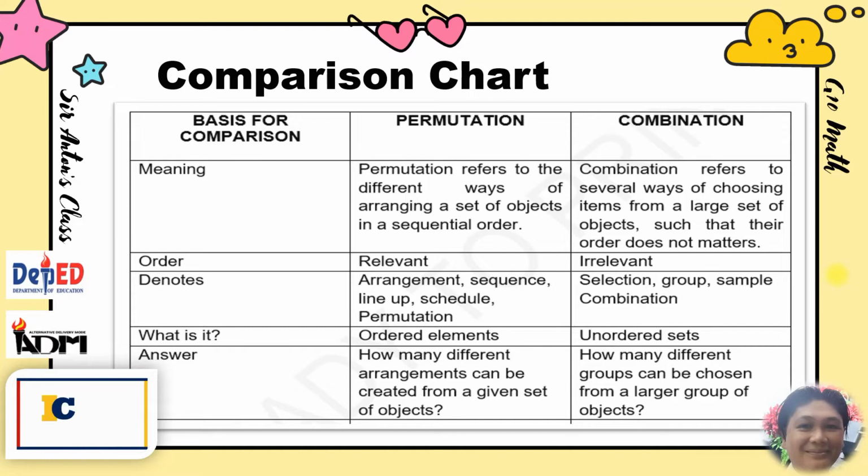Now for the answer. The question for permutation has this example: how many different arrangements can be created from a given set of objects? But usually, the question for combination goes like this: how many different groups can be chosen from a larger group of objects? Next, the formula.